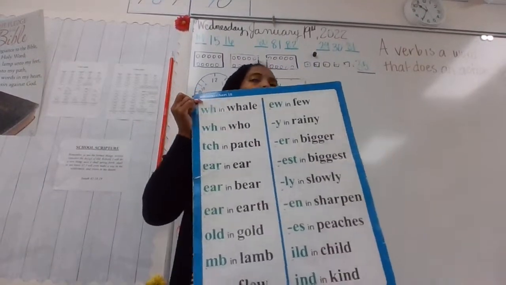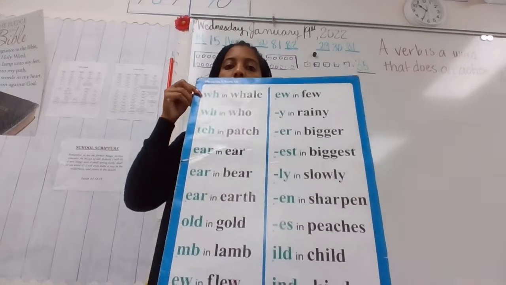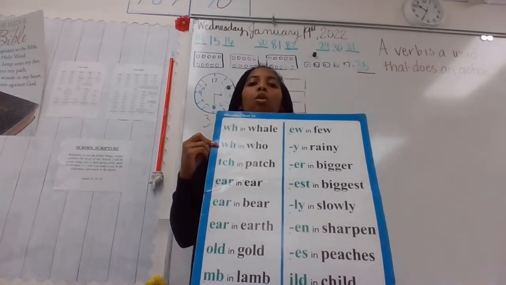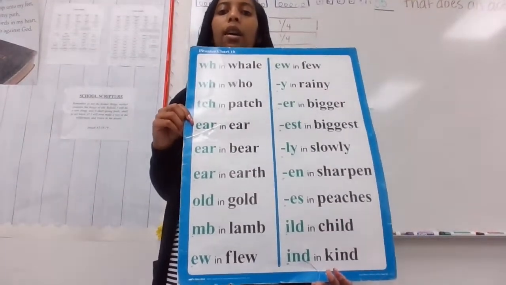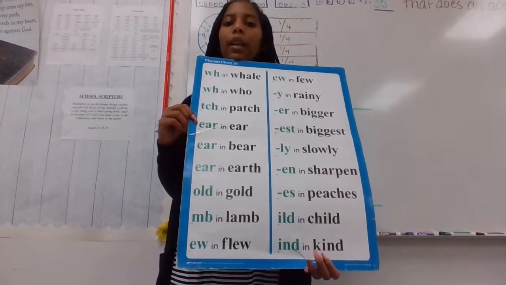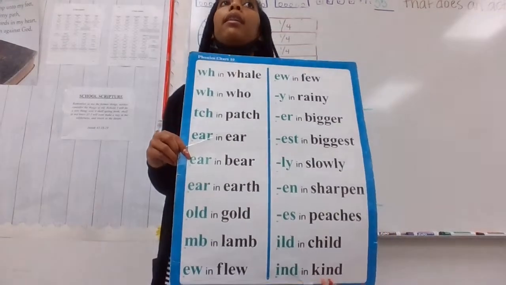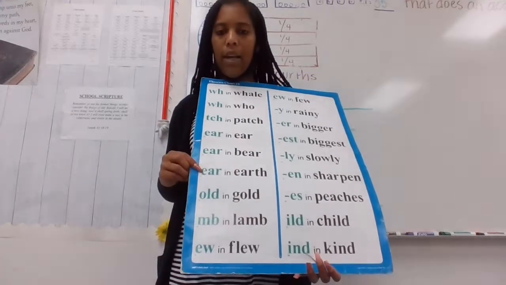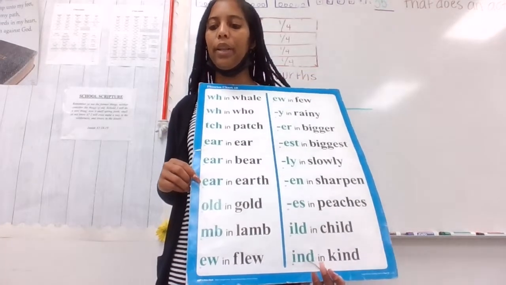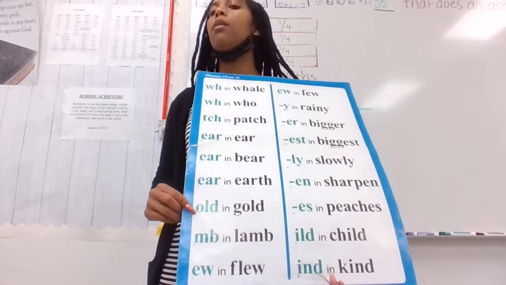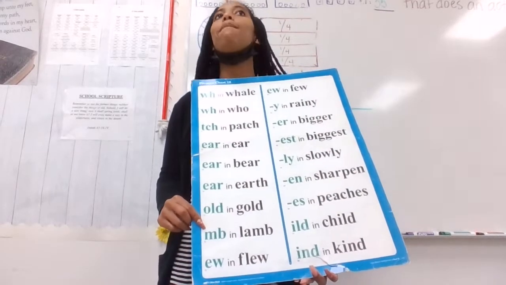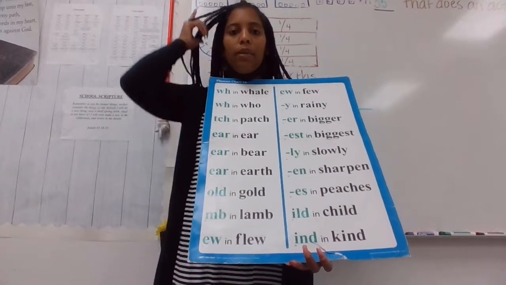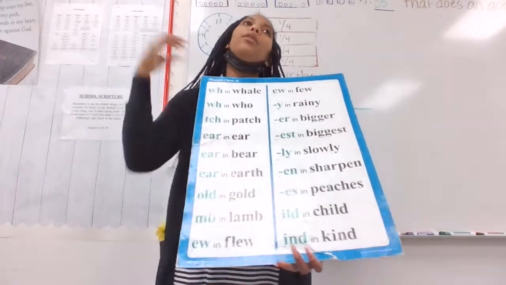Ready? WH says what, and well. WH says and who. TCH says and patch. EAR says ear, and ear. EAR says air, and bear. EAR says and earth. OLD says old, and gold. MB says and lamb. EW says oop, and flu.